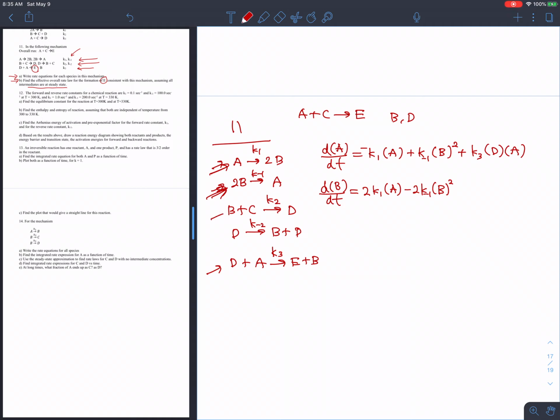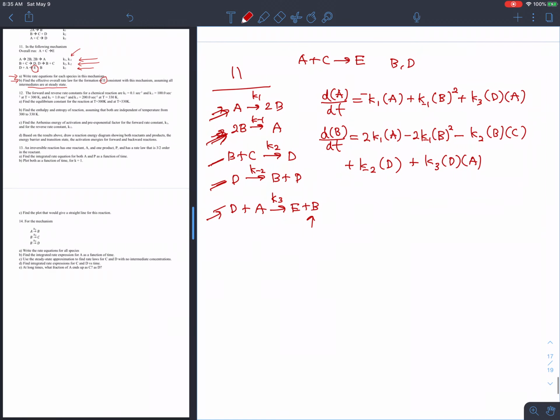Then B appears in everything, so there are 5 terms: minus k2 times B times C plus k minus 2 times D. That was those 2 terms. And then finally the last term, plus k3 times D times A. B is a product again for that reaction.